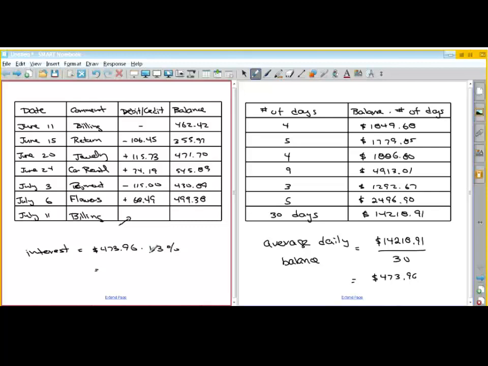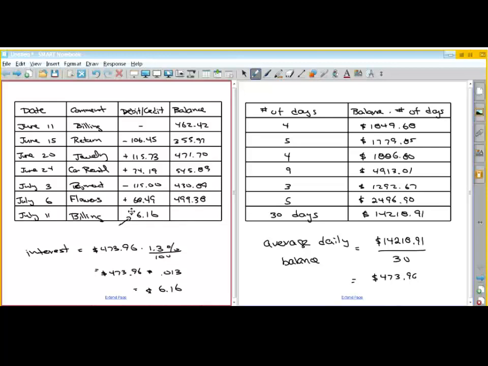But remember we never divide by percent, so we've really got to multiply by 0.013. So 0.013 times 473.96 is $6.16.